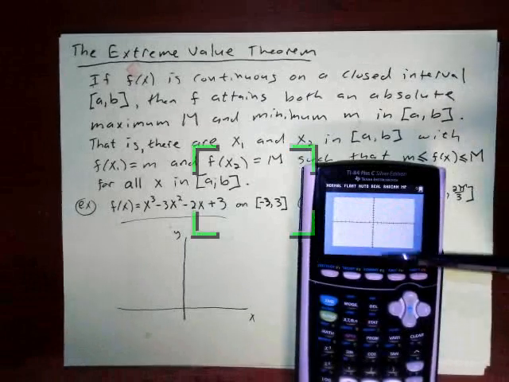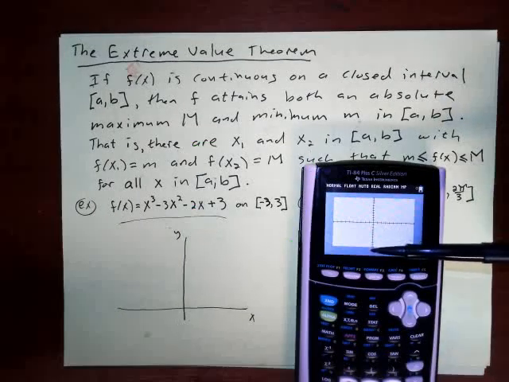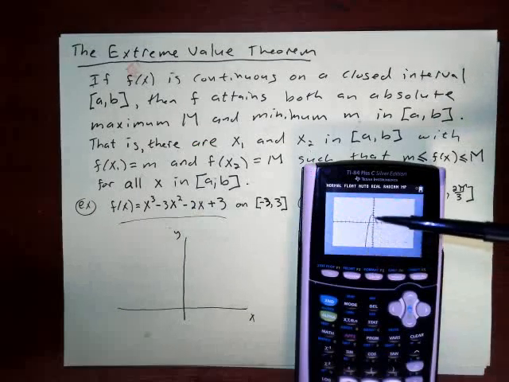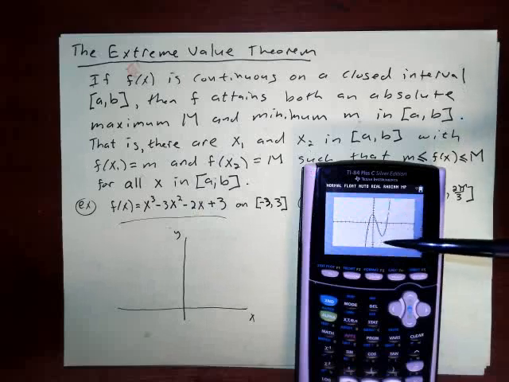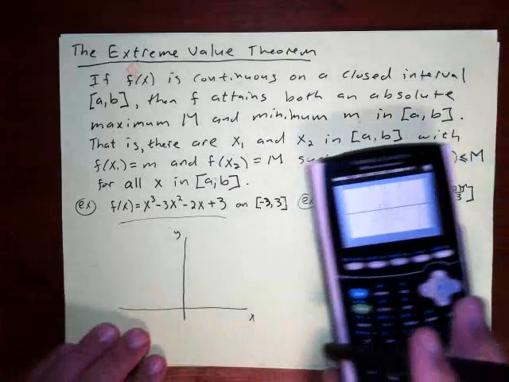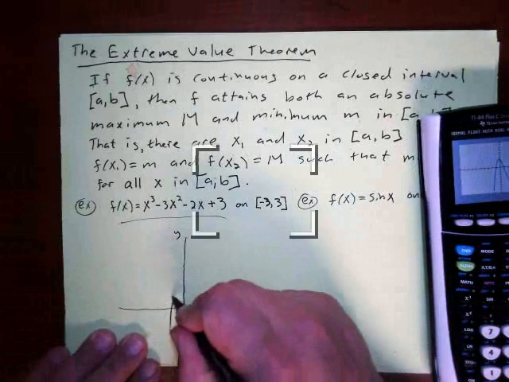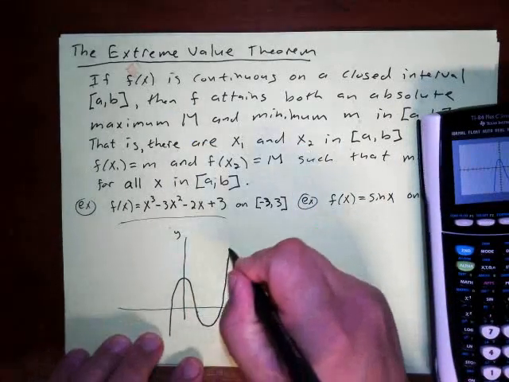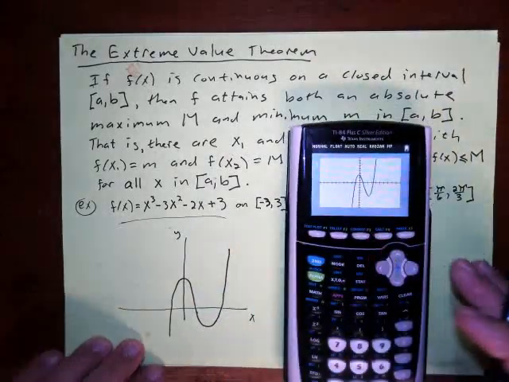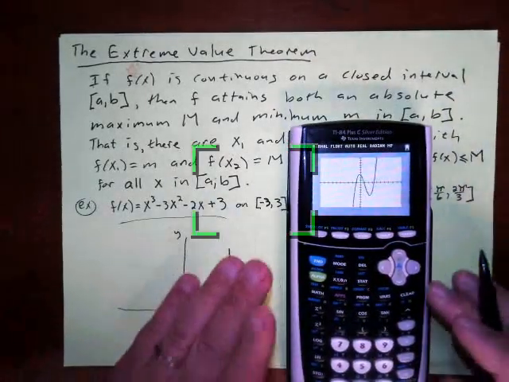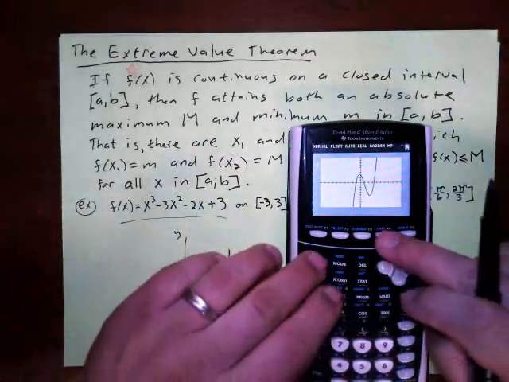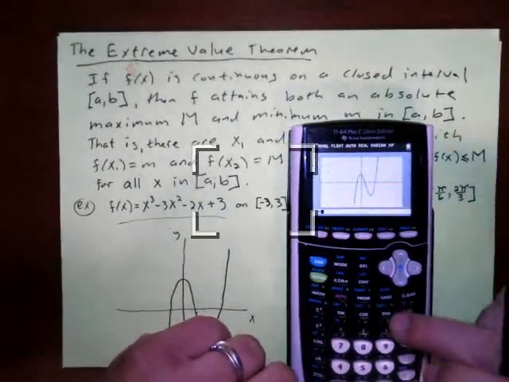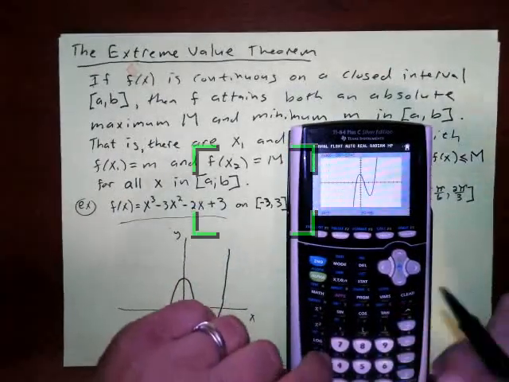And so it looks like we have a cubic polynomial that goes up, down, and back up. So it looks like this. It goes up, down, and back up. Okay? And let's look at where 3 and negative 3 are. So I'm going to hit the value function, and I'll do negative 3.